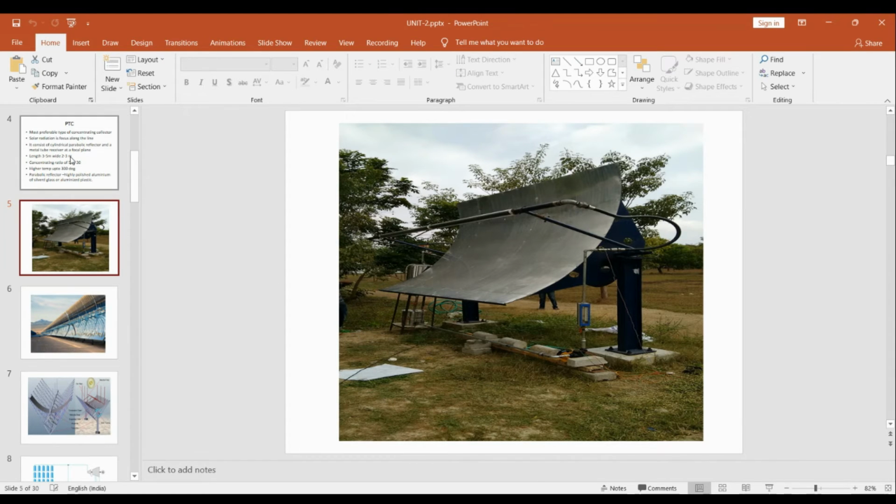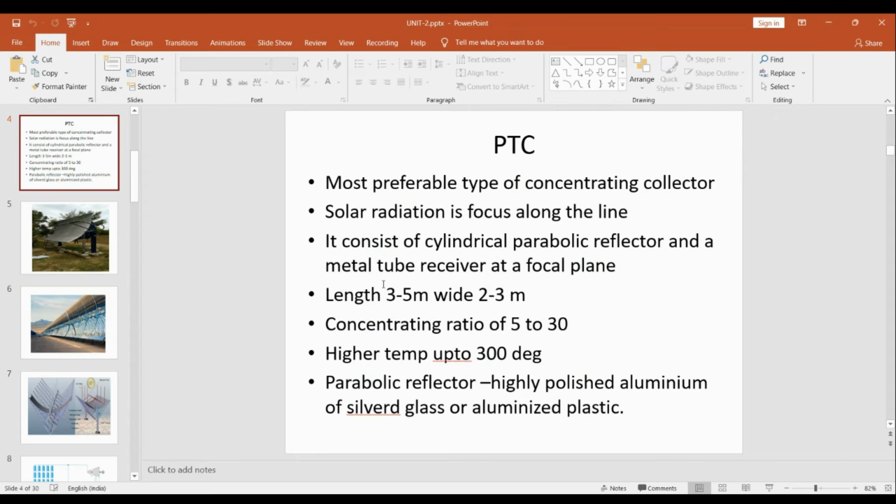Again, the length of a single parabolic trough collector will be around 3 to 5 meters, and the width is 2 to 3 meters. The concentrating ratio will be 5 to 30. The highest temperature is up to 300 degrees Celsius.